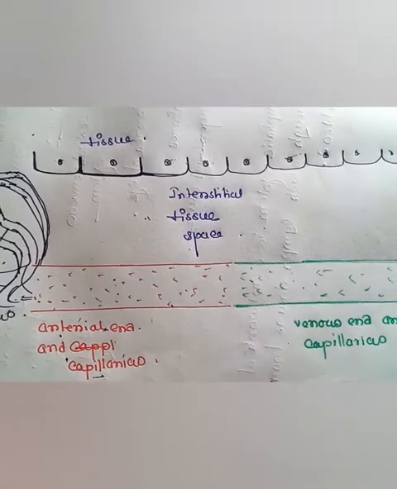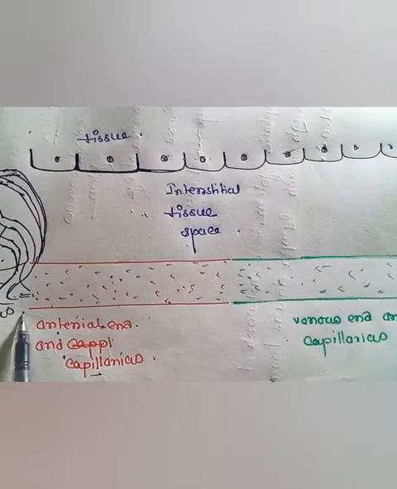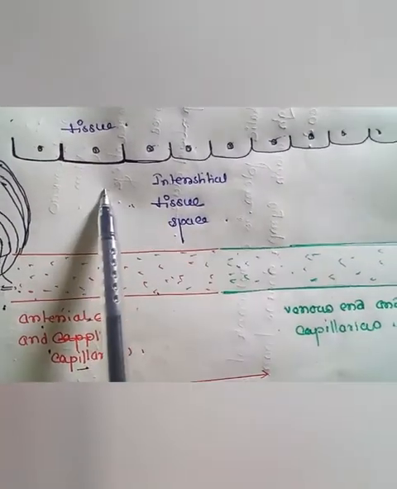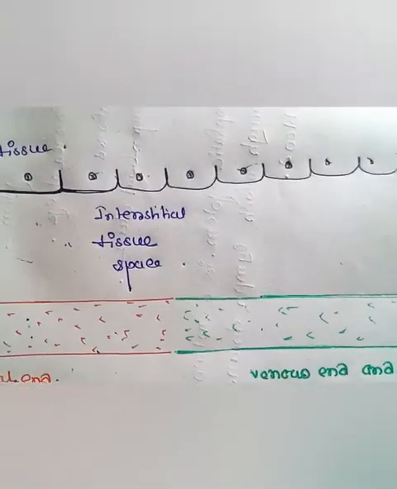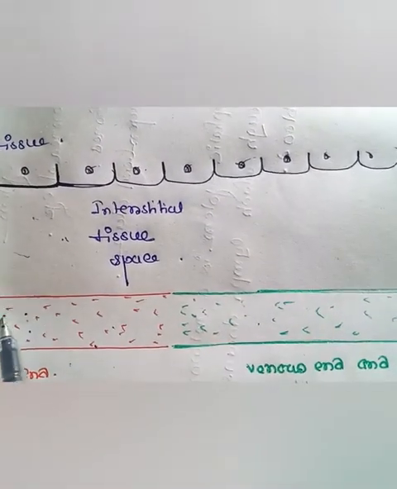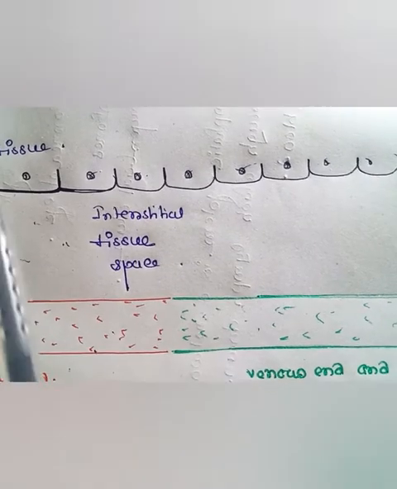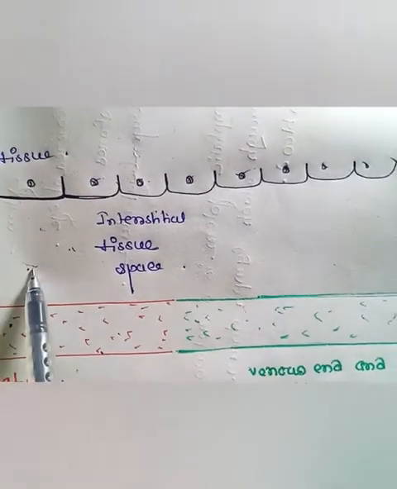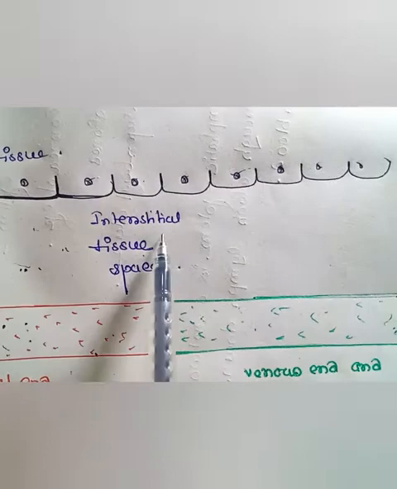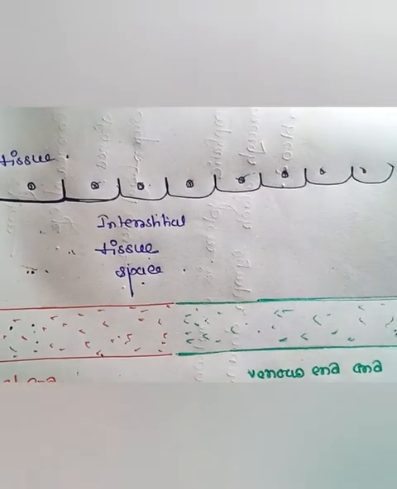So the capillary end of the artery goes toward the cell or tissue, and between the capillary end of the artery and the tissue there forms a space that is called the interstitial tissue space.